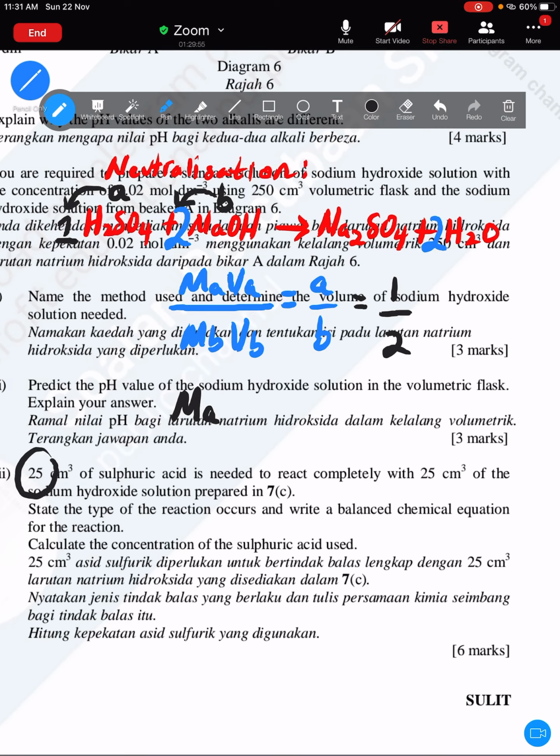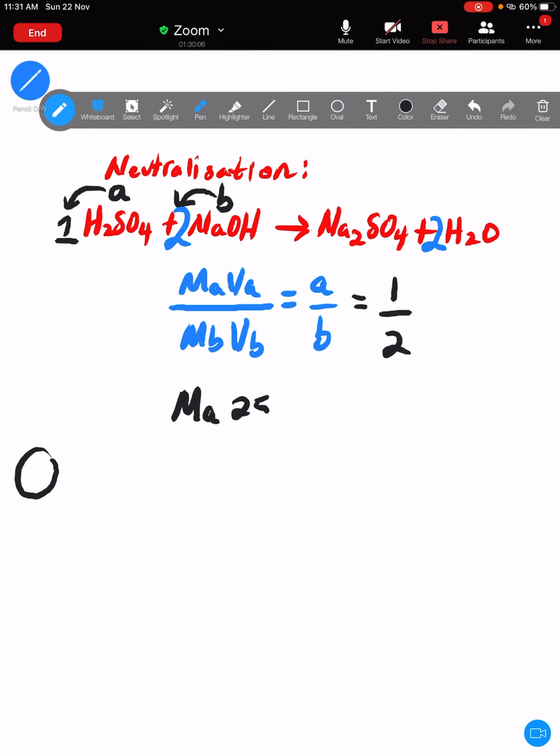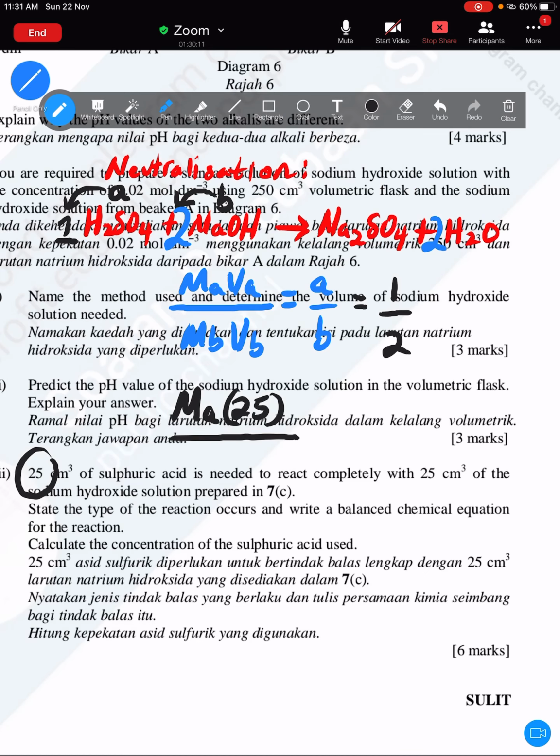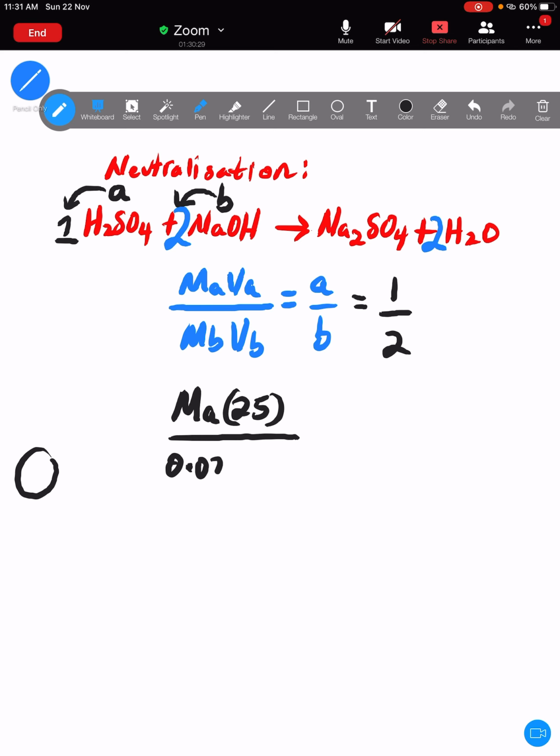Va is given, 25 over MbVb, the concentration of the base. What is the concentration of the prepared one? Very good. Then you know 0.02 and the volume is given as well.